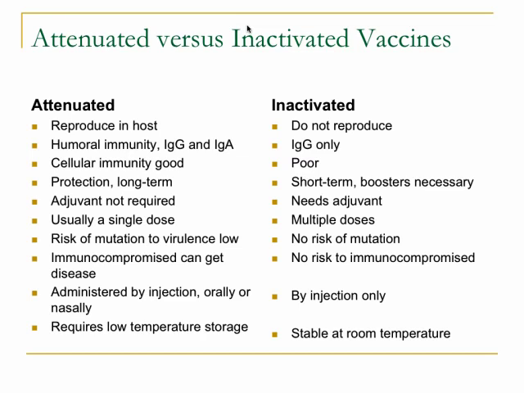But it does require more complicated means of storage, so often you need to store it refrigerated or frozen. And so that means it's going to be more expensive, and it's going to be more difficult to reach those individuals when you're thinking about worldwide schemes of vaccination, those individuals that live in very remote areas that don't have means of maintaining things at low temperatures for long periods of time.